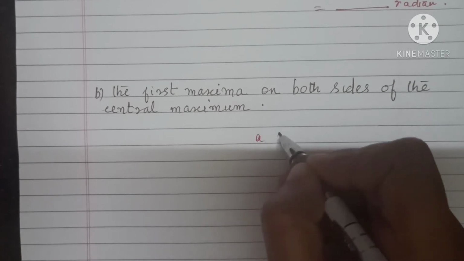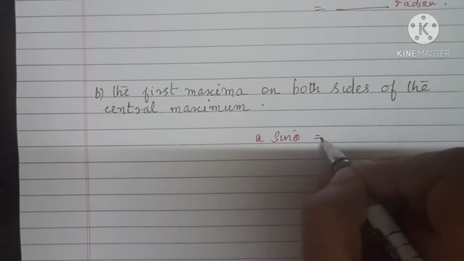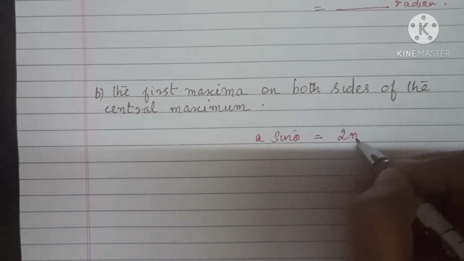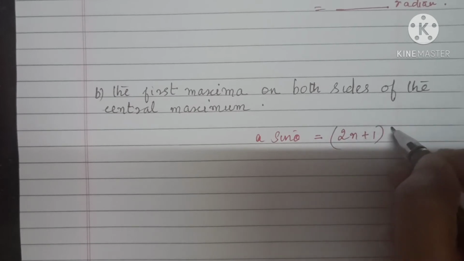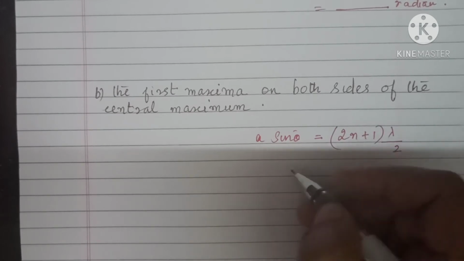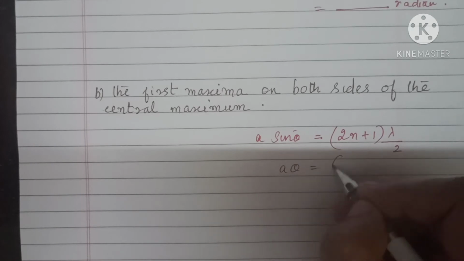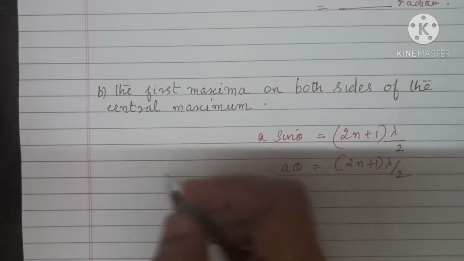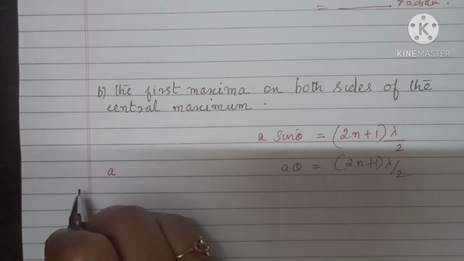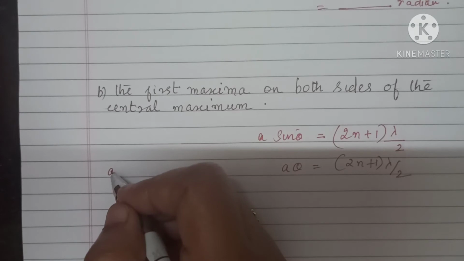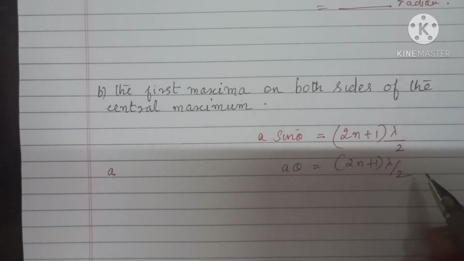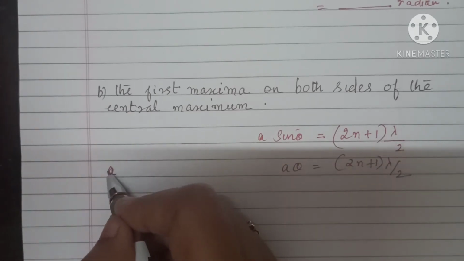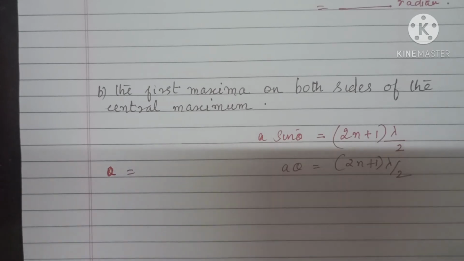So the condition is a sin theta is equal to 2n plus 1 into lambda by 2. If theta is small, the expression will be a theta equal to 2n plus 1 into lambda by 2, and from this you can calculate the value of theta.